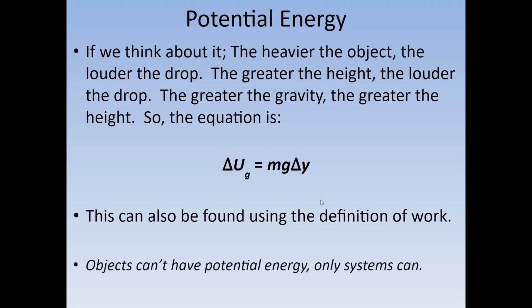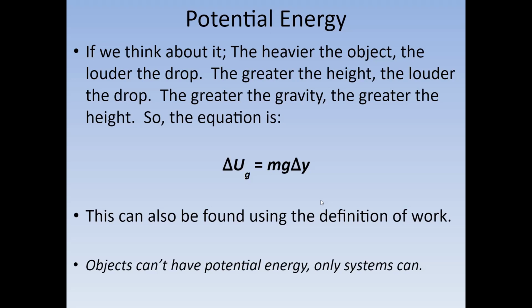Now, one thing that I need to clarify, it seems very stupid, but it's actually extremely important for this unit, is that objects cannot have potential energy, only systems can. I sort of talked a little bit about the concept of objects and systems. This ends up becoming a much bigger part in the energy unit.